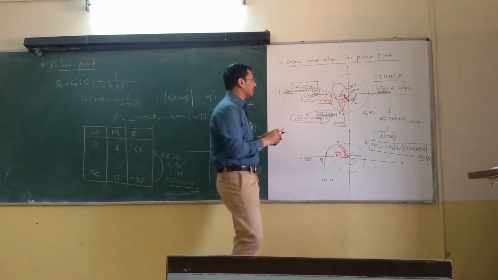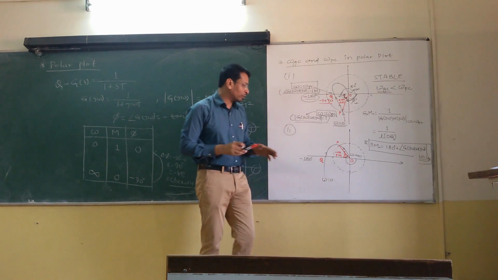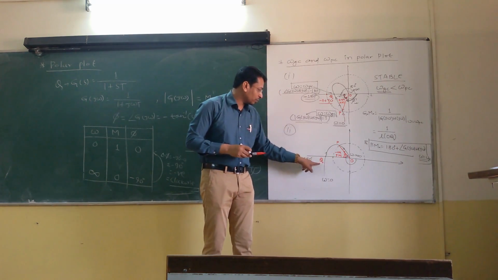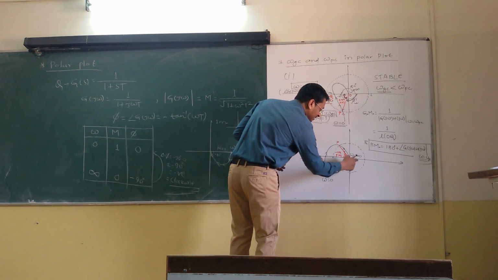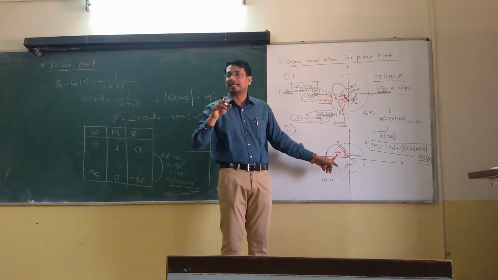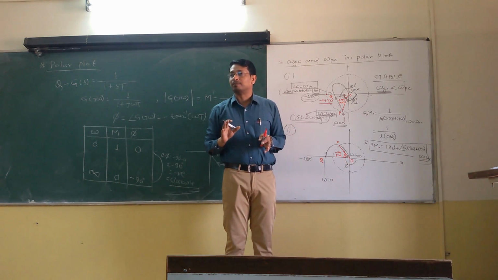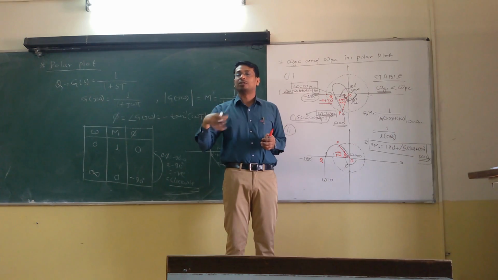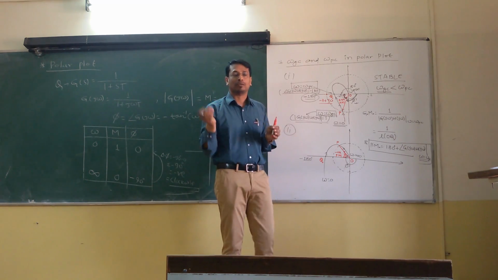Now coming to the second example, what can you conclude? Okay, so first see OQ. Here the angle phi dash is somewhat greater than 180 degree with a negative sign. So your phase margin is going to be negative, because it is 180 degree plus phi dash, and phi dash is a negative quantity which is more than minus 180 degree in magnitude.